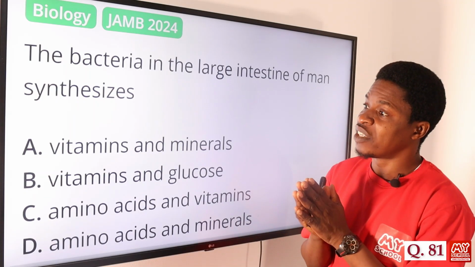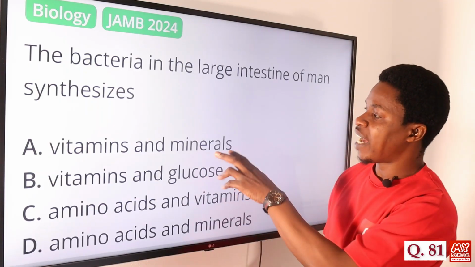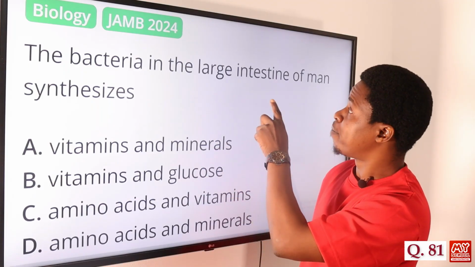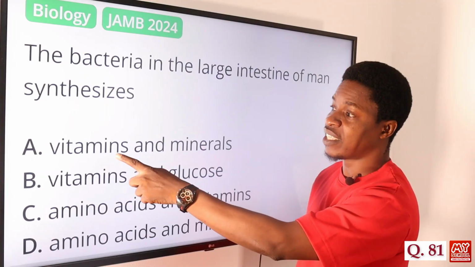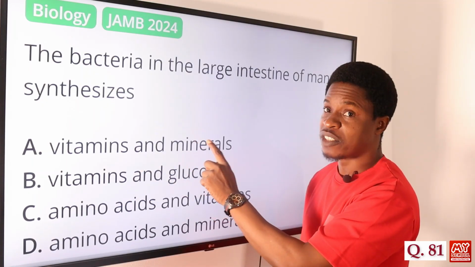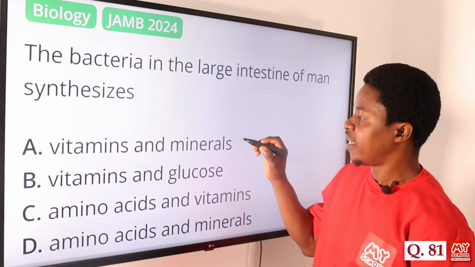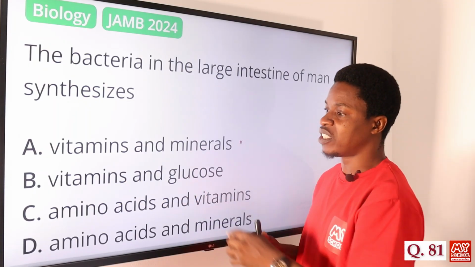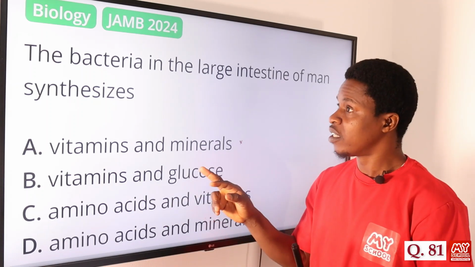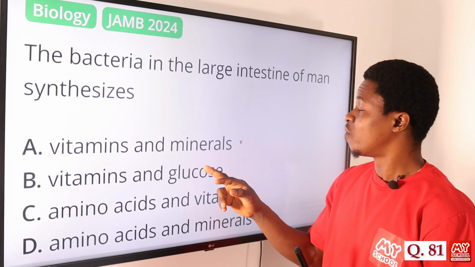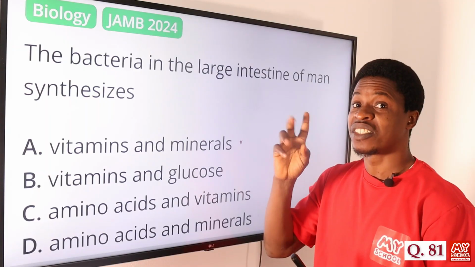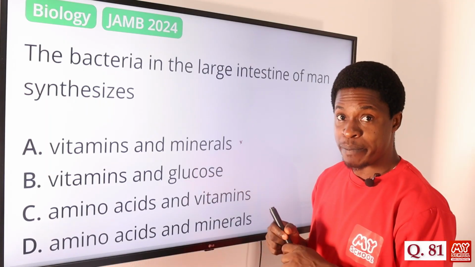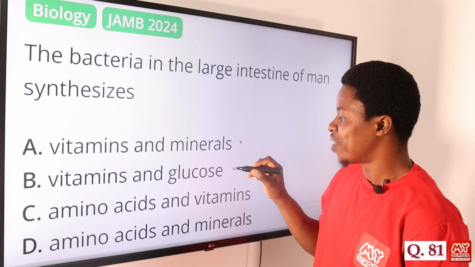Looking at option A, it says vitamins and minerals. Of course, bacteria in the large intestine of man can synthesize vitamins, but not minerals. So option A is eliminated. Option B says vitamins and glucose. Yes, vitamin is correct, but bacteria in the large intestine of man will not synthesize glucose. So option B is also eliminated.